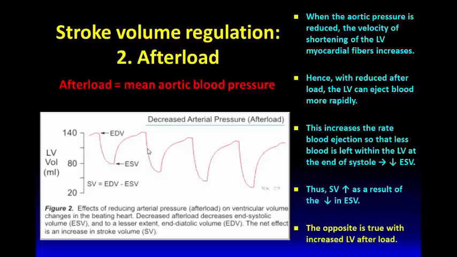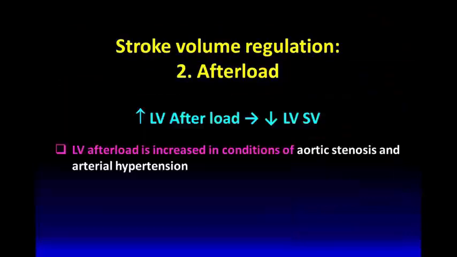The opposite is true when left ventricular afterload increases. Thus, an increase in left ventricular afterload decreases left ventricular stroke volume, because the left ventricular end systolic volume would have increased.